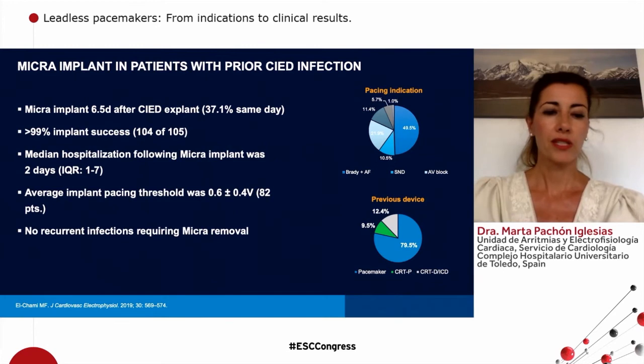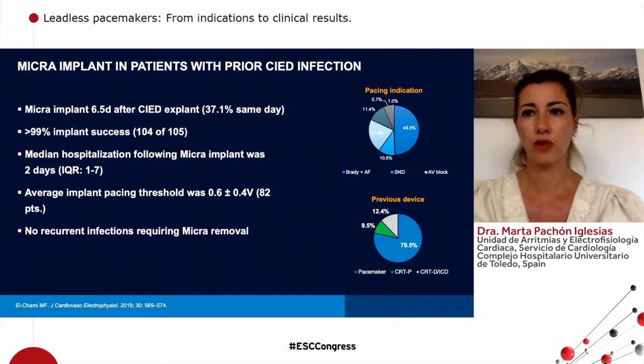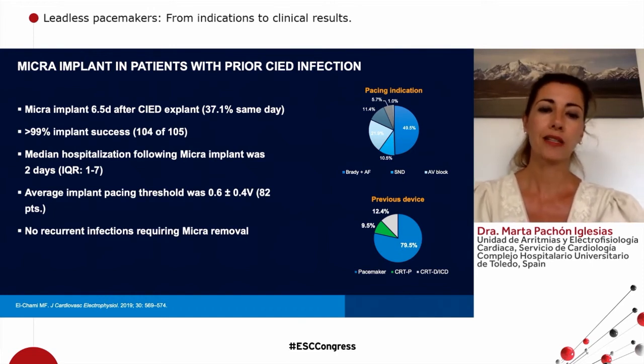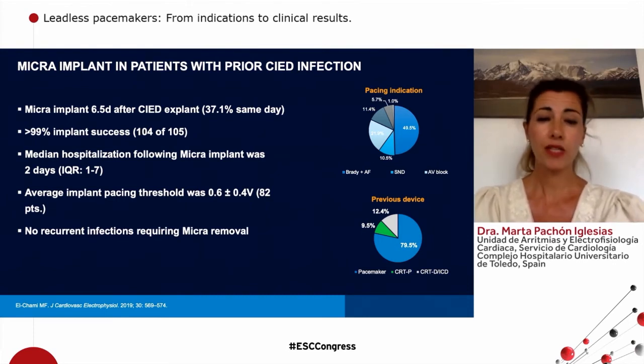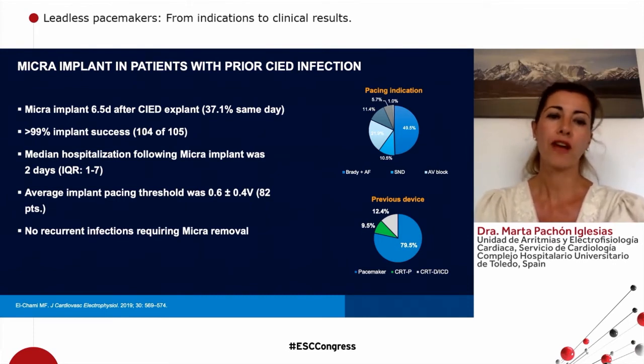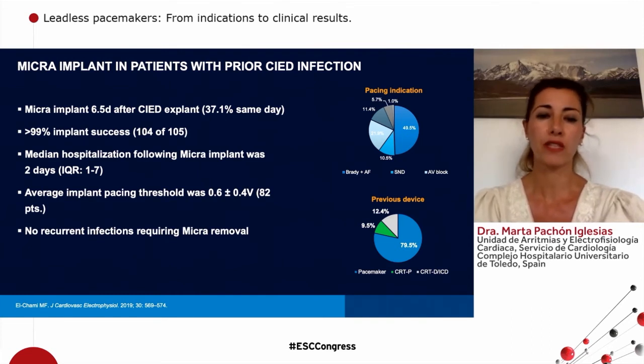But what is the real-world experience of Micra in patients with a prior device infection? Well, here we can see data from the Micra post-approval registry. In this registry, a total of 105 patients with a prior device infection underwent a Micra implant.